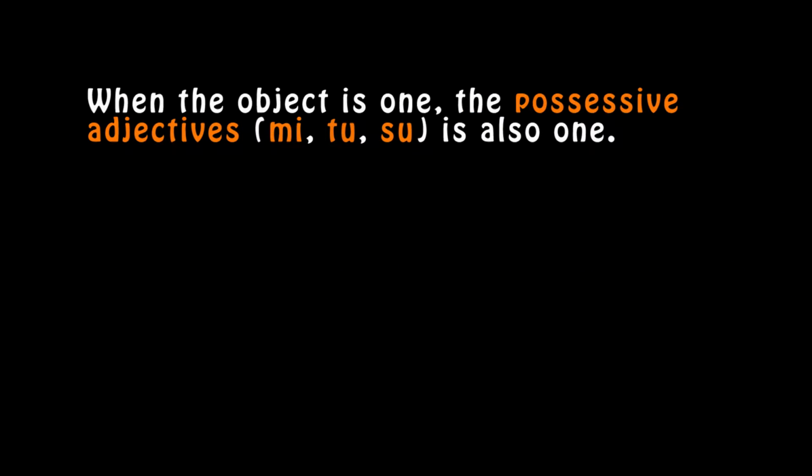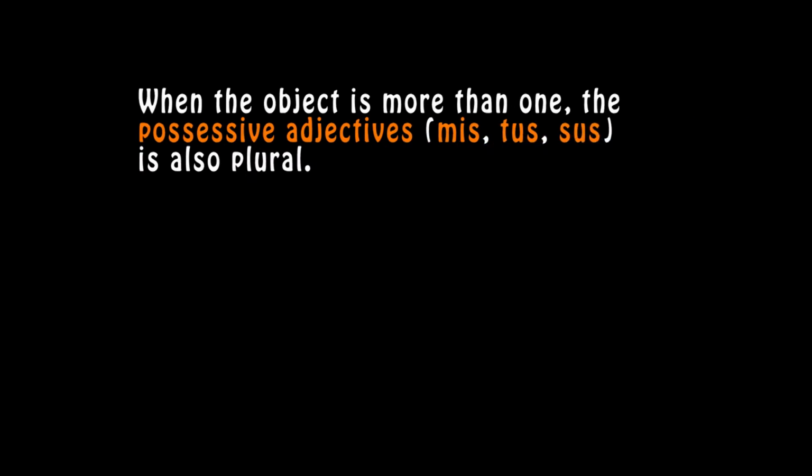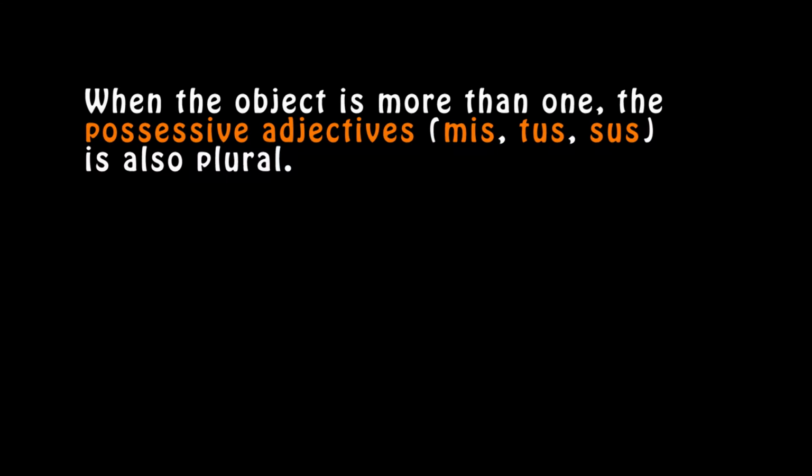When the object is one, the possessive adjectives mi, tu, su is also one. For example, mi perro, tu perro, su perro. When the object is more than one, the possessive adjectives mis, tus, sus also more than one, meaning plural.